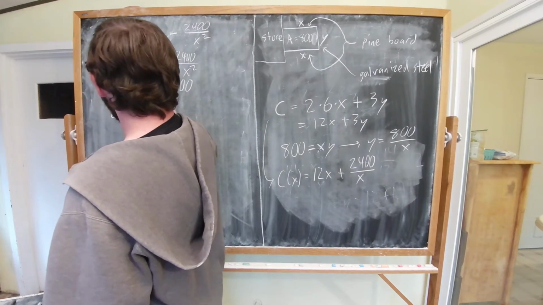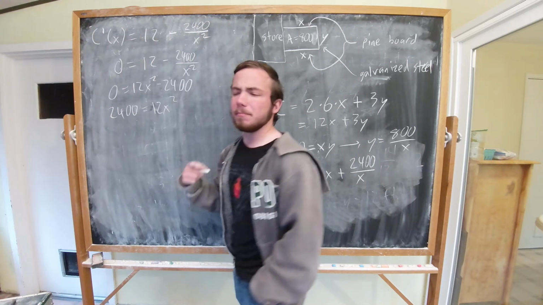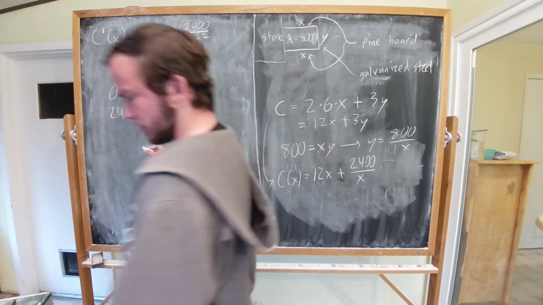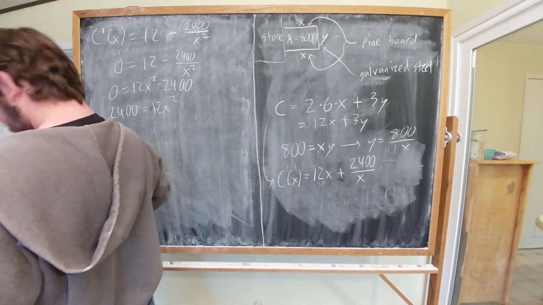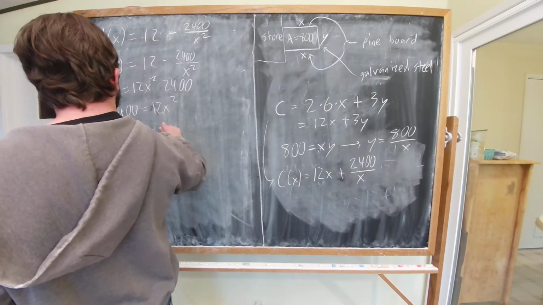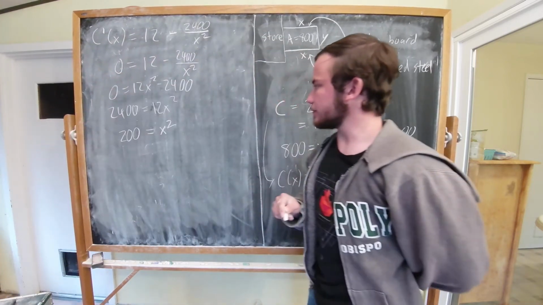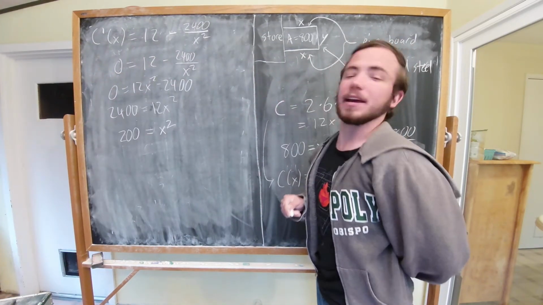2400 equals 12x squared. Dividing both sides by 12 gives you 200 equals x squared. Yes, 200.